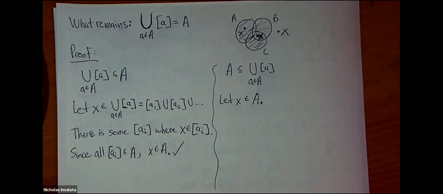These are both pretty sneaky. Yeah, that's what we want to show, David. That's right. We want to show that X is in some equivalence class, A sub I. Now, how do we get there? Not expanding the union. Nope.